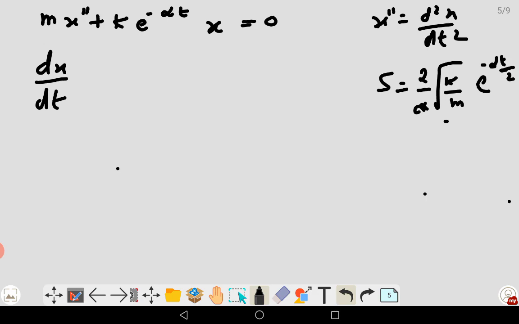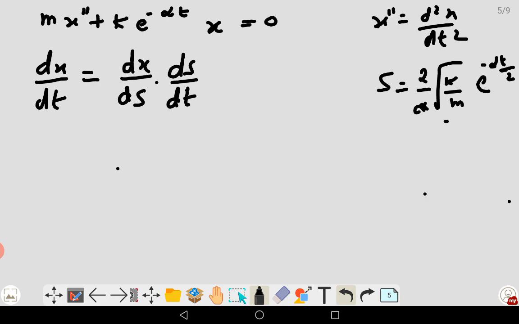This is the given change of variable, isn't it? When you differentiate x with respect to t, assume that x is a function of s, and s is a function of t. Using chain rule, we will differentiate dx over ds and then ds over dt. x is a function of s and s is a function of t, right?